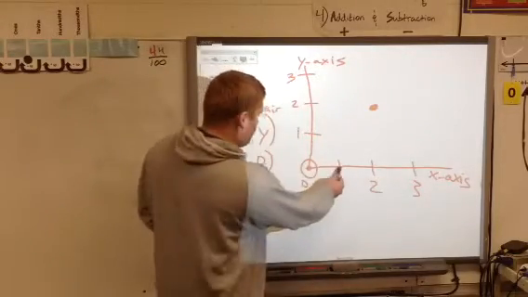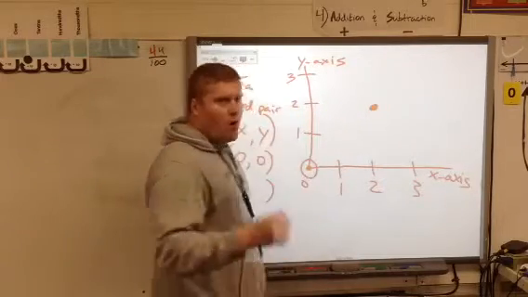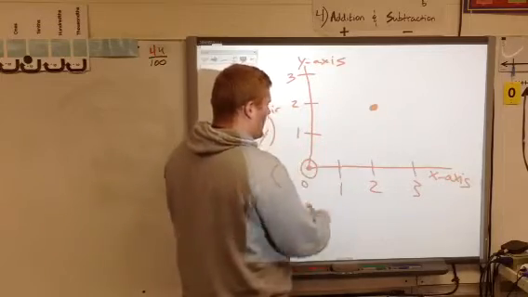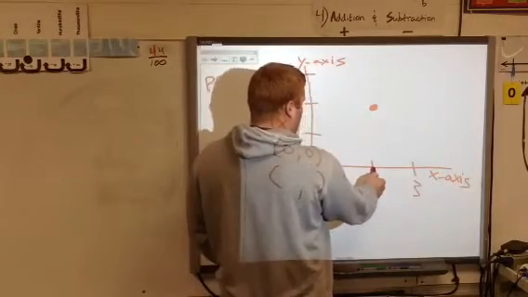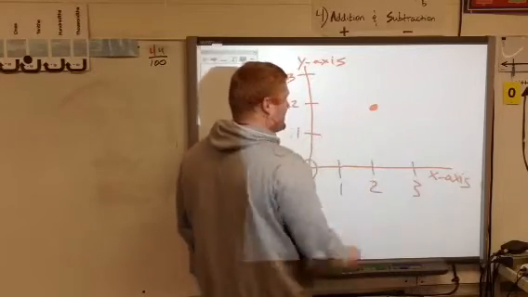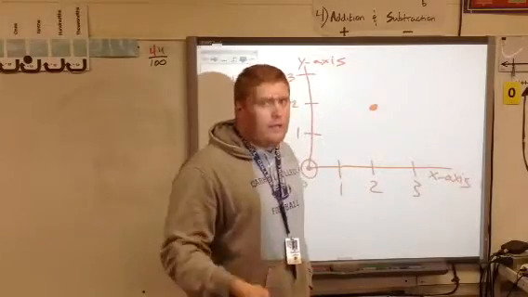Okay? So here's 1. Does my coordinate line up with 1 on the x-axis? No, it doesn't. It's over here. So I pop over to here. Now I look at my coordinate that is plotted right here, and it lines up on the x-axis with 2. So my x-coordinate would be 2.